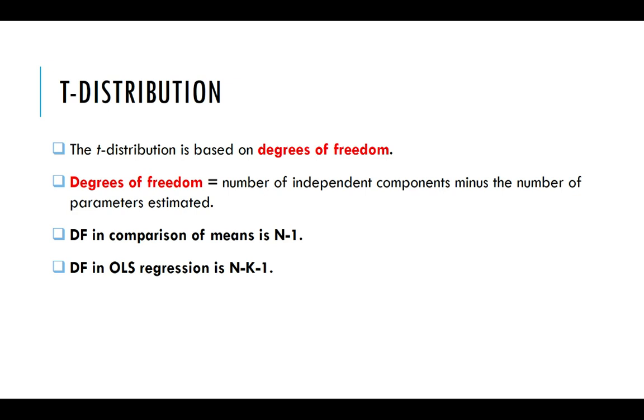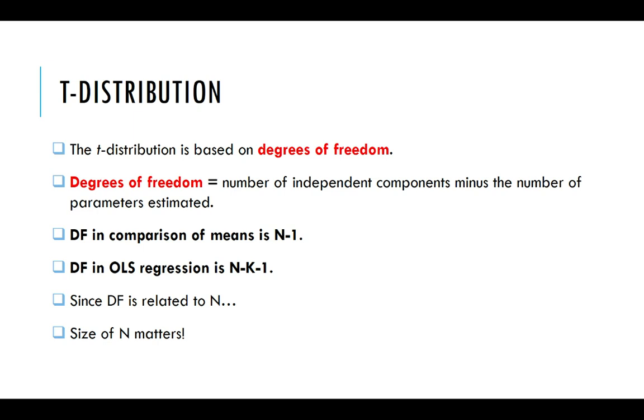You'll understand a little bit more about that later. But one thing I want you to see: what's common in both of these equations? N, right? So degrees of freedom is related to n. It's a function of the number of observations. So the size of n is going to matter when we think about our t-distribution.